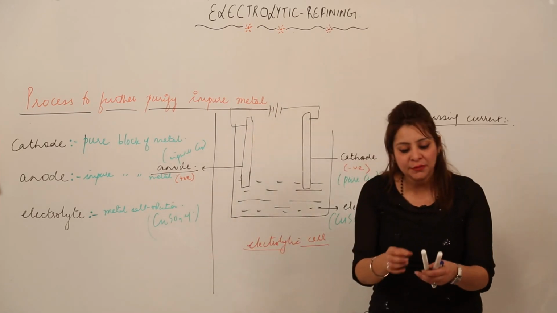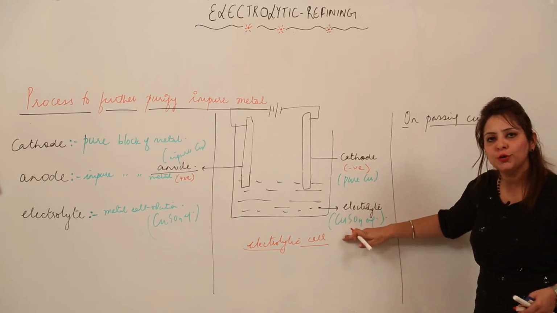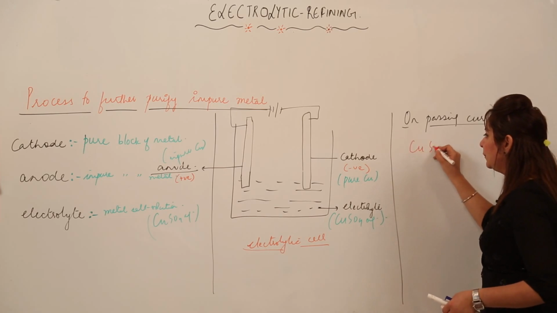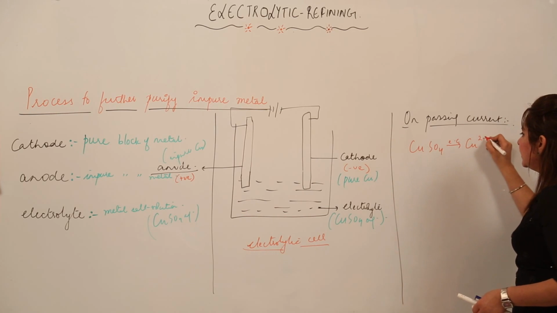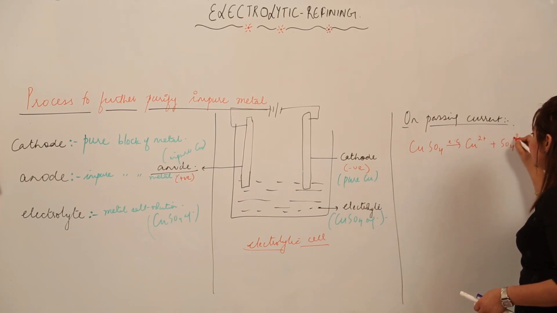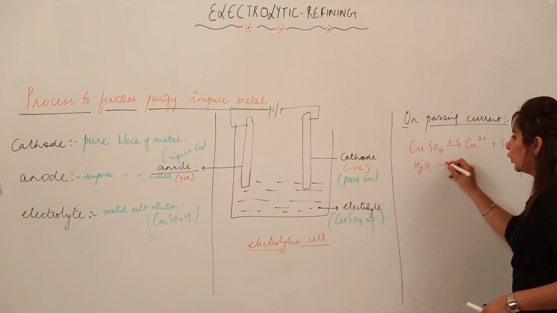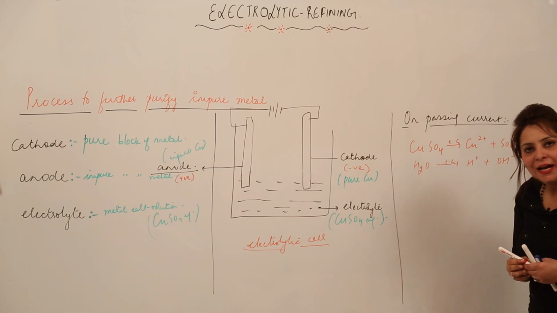So again the same thing is going to happen, that when we pass in electricity, this salt solution will just get dissociated into ions. So see, here I am doing for you, on passing electric current, it will get dissociated into respective ions. And as we know it is an aqueous solution, so that means water will also get dissociated into its respective ions.